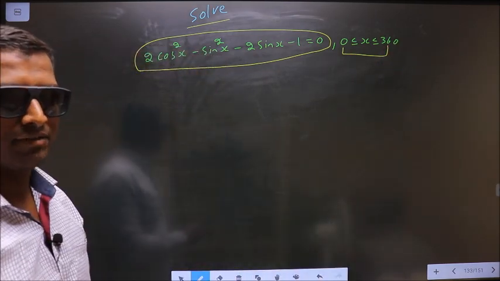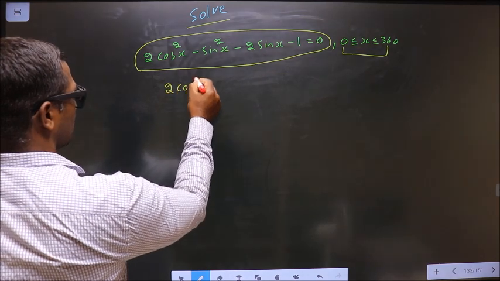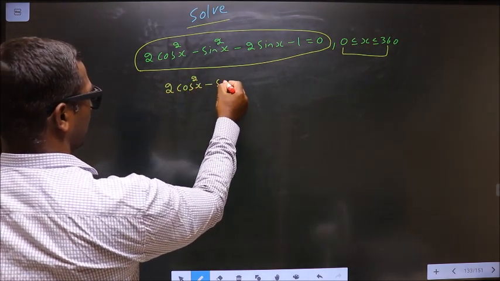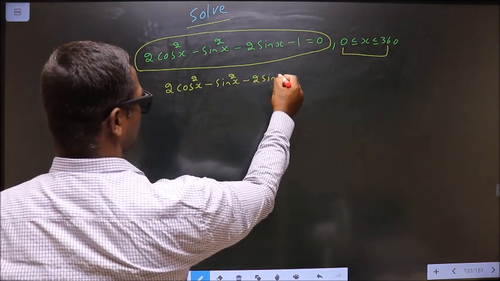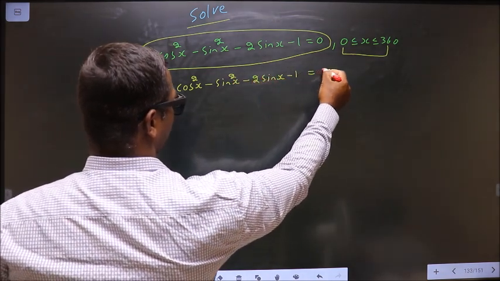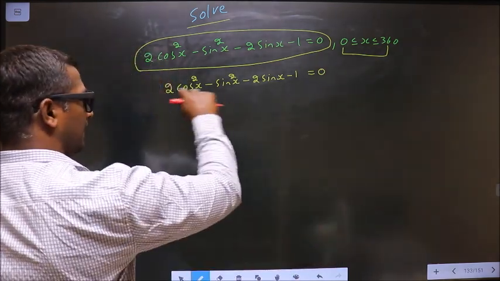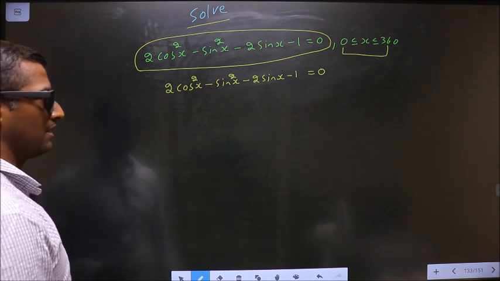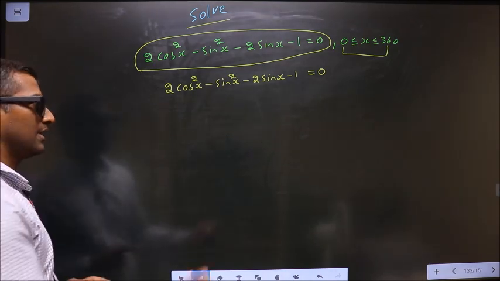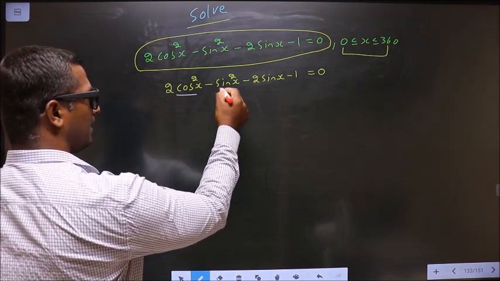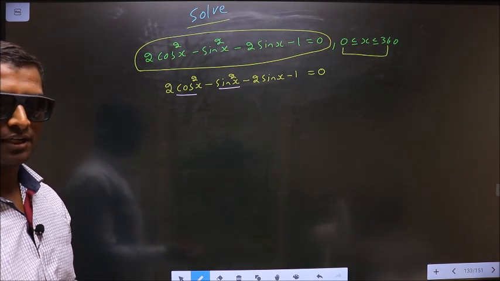First, the given equation is 2 cos square x minus sin square x minus 2 sin x minus 1 equal to 0. See, in this trigonometric equation, you have two trigonometric ratios, that is cos and sin, but there should be only one trigonometric ratio.